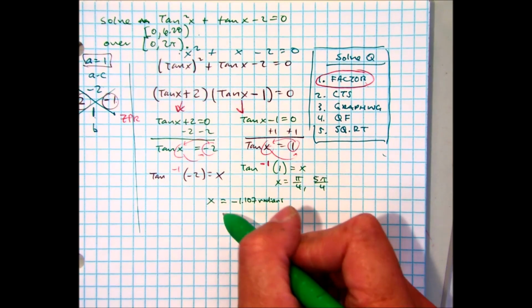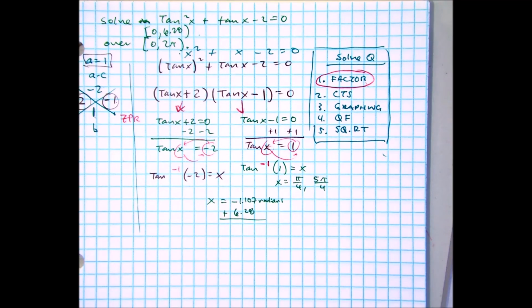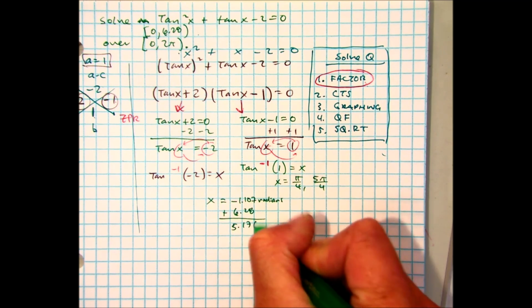And 2 pi is approximately what? 6.28. So I can just add that. And you get approximately 5.176 radians.